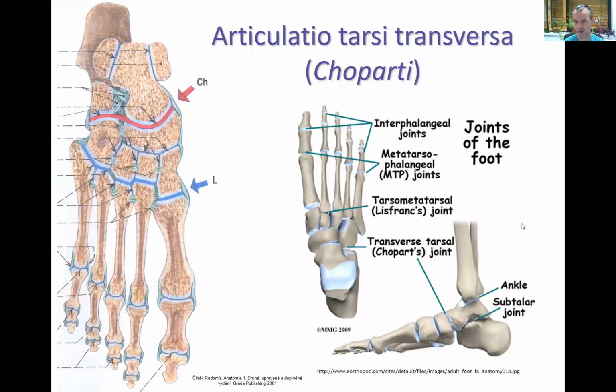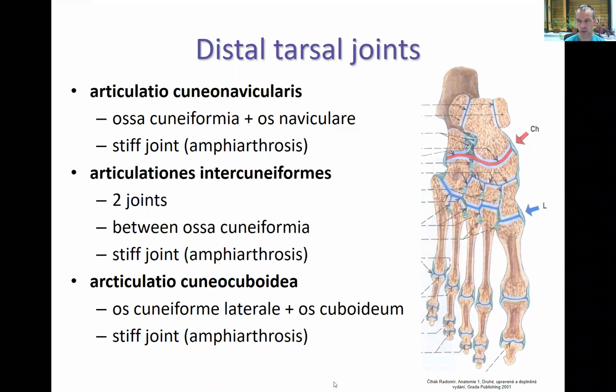Then we can proceed further to distal tarsal joints. All these joints are amphiarthroses. It's similar to the intercarpal joints of the hand. These could be called intertarsal joints, but they are not. They are called according to the bones. So we have the cuneonavicular joint here. We have the intercuneiform joints, which are here.